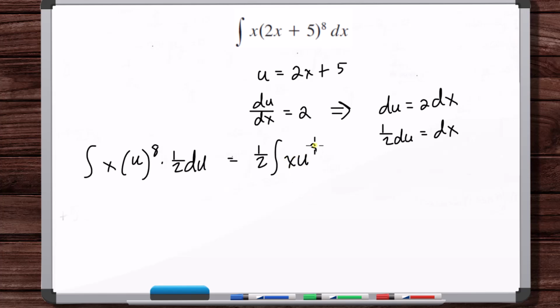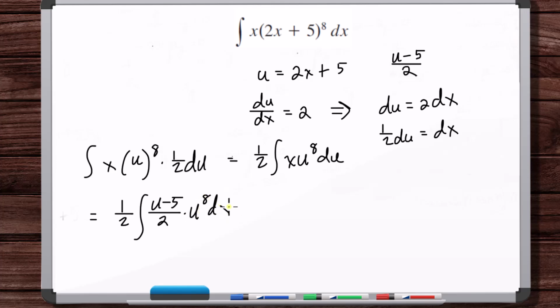So what is x then? We can solve for x here. It's u minus 5 divided by 2. And so if we plug that in, 1/2 times u minus 5 divided by 2 times u to the 8th du.